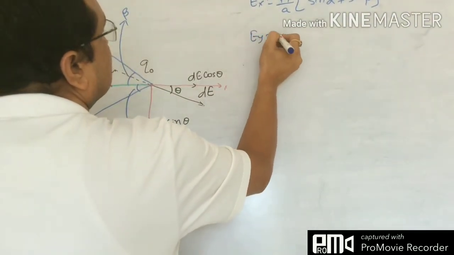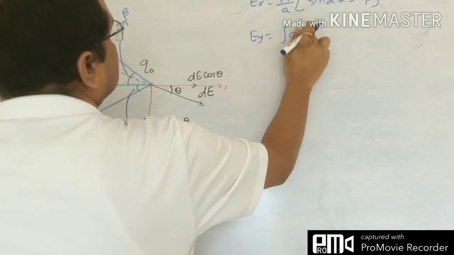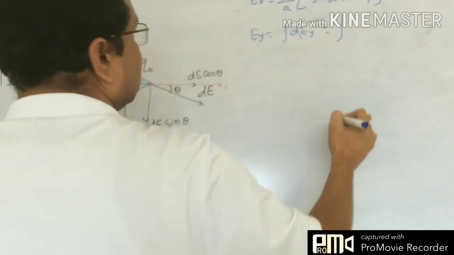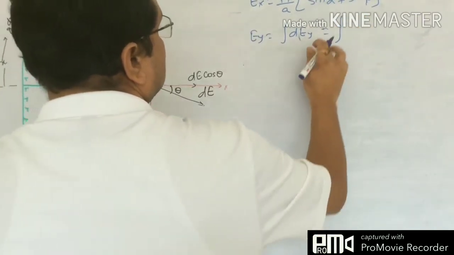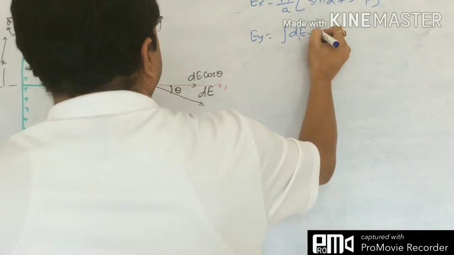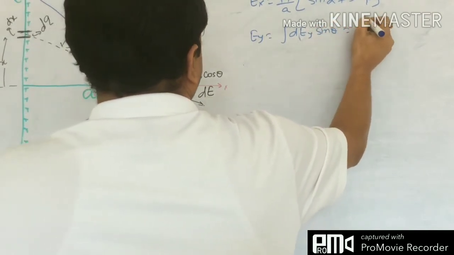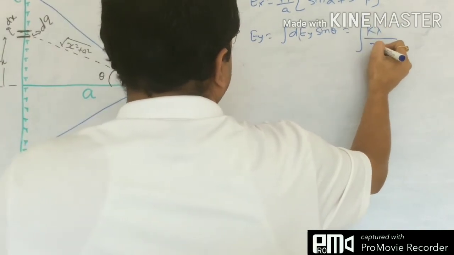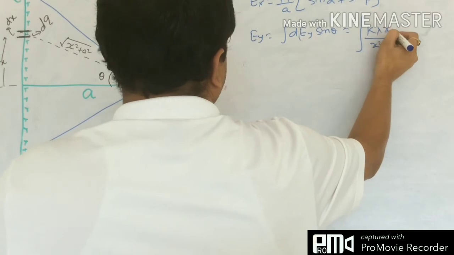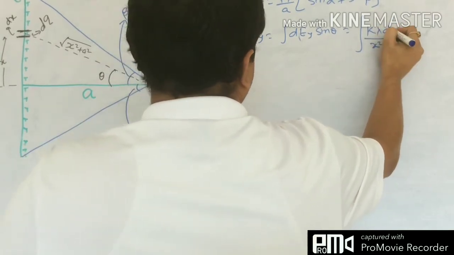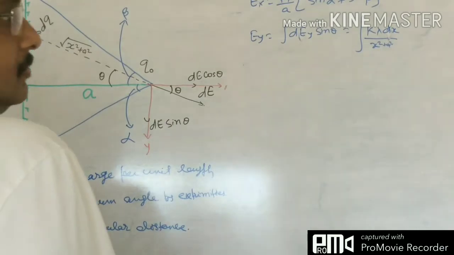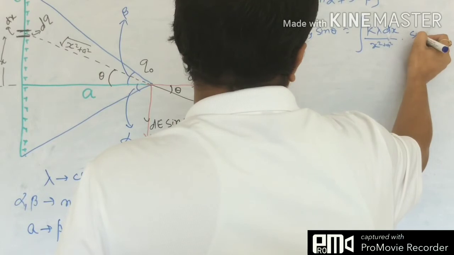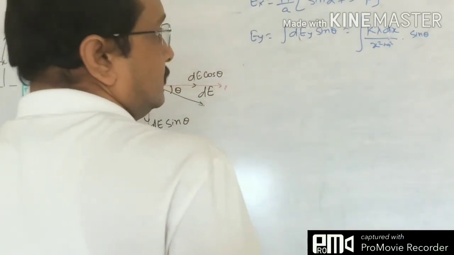Ey equals the integration of dEy. dEy equals the integration of dE sin theta, which means dE is k lambda by x square plus a square dx, so k lambda dx by x square plus a square, into sin theta. That is very much clear to us.